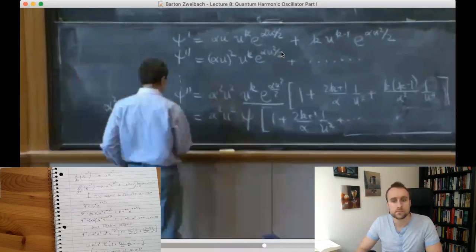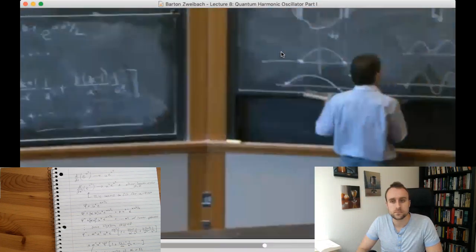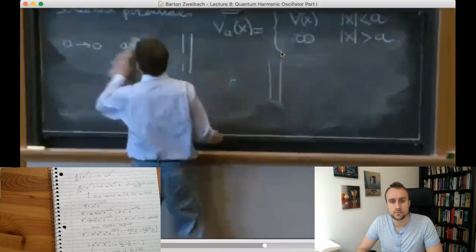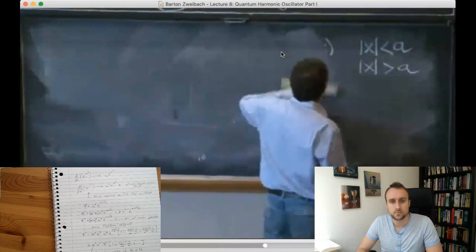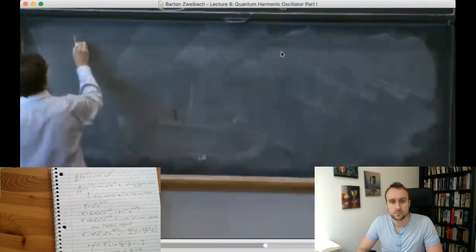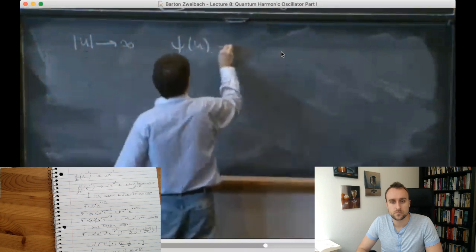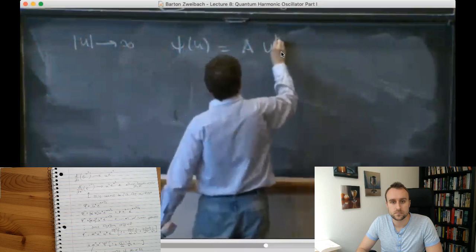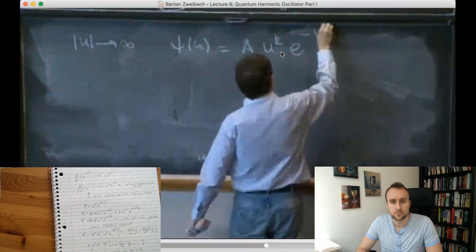And roughly this solution near infinity, there's probably two solutions. This is a second order differential equation, so even near infinity there should be two solutions. So we expect that as u goes to infinity, psi of u will be some constant a times u to the k times e to the minus u squared over 2.